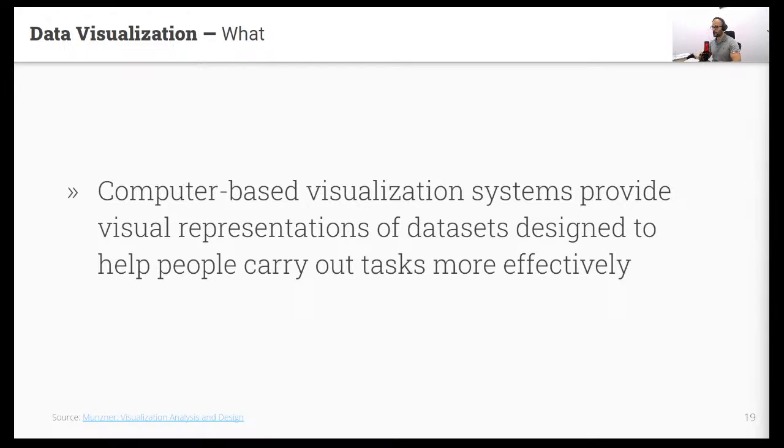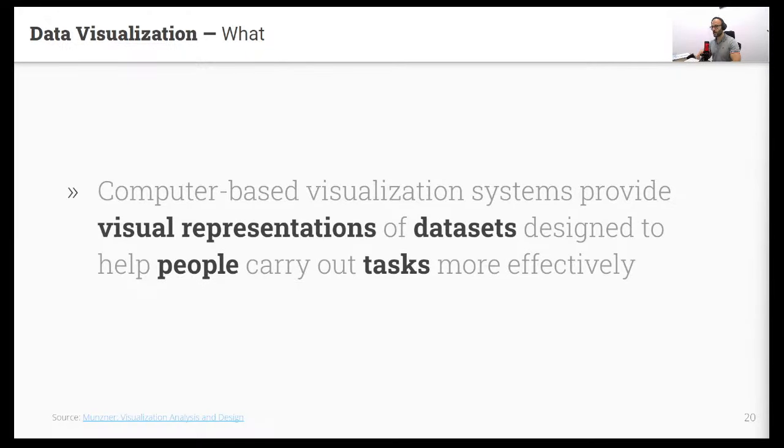Well, that was a handful. Let's dissect that into keywords. So we have visual representations and we have data sets, but we also have people and tasks. And tasks in this specific sentence or situation means what type of thing does the user want to perform? Is it a financial report first of all?